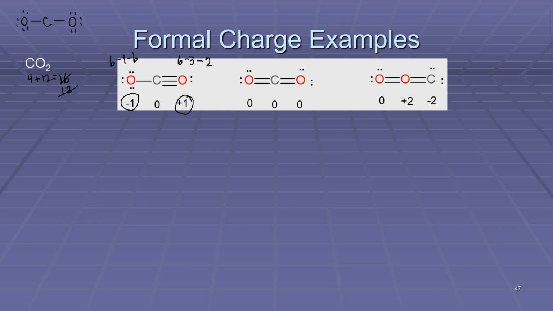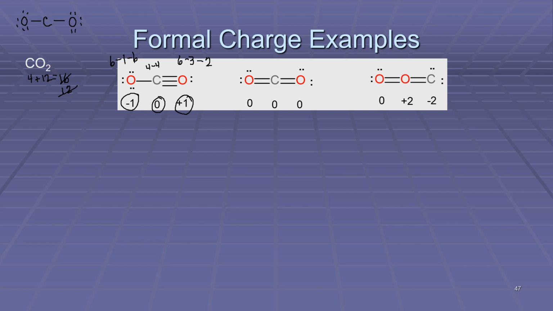Oxygen making 1 bond doesn't like that, and oxygen making 3 bonds, it prefers to make 2 bonds, so that's where this is coming from. Again, carbon, 4 minus 4 minus 0 equals 0. So this structure is reasonable, and you can see that the formal charges add up to 0, which is the overall charge of this molecule.